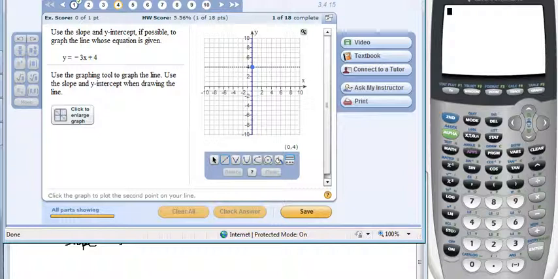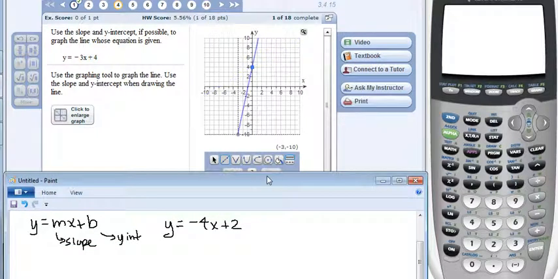Now what I'm going to do is use my slope. My slope is -3. Let's just go down here for a second. M is -3, which is the same as -3/1. So here's my rise over run. It's telling me where to go: down 3 from that point, to the right 1.